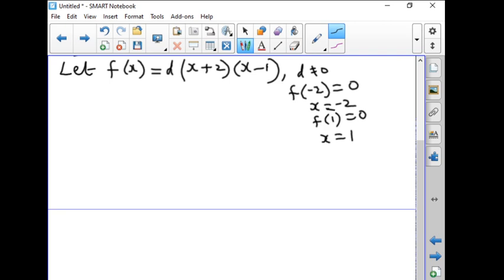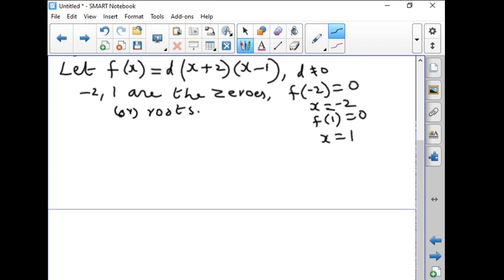So, minus 2 and 1 are the zeros, we say they are the roots. Therefore, we write f of x is equal to d into x plus 2 into x minus 1. We have done a problem similar to this, Exercise 2.4, second question. There we have taken k instead of d.